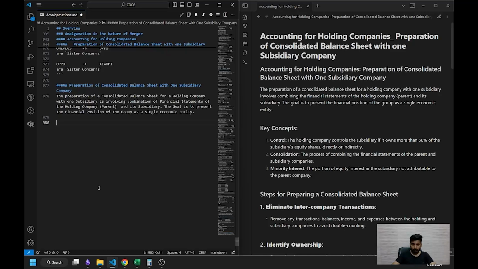So the key concepts are as follows. Number one is control.